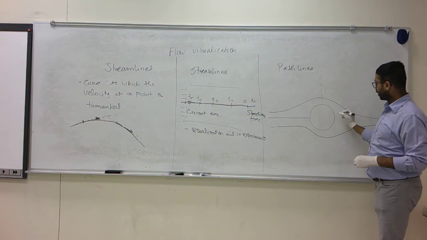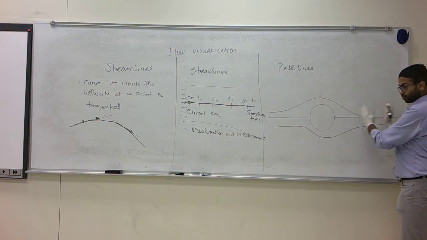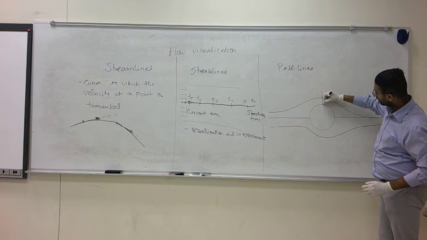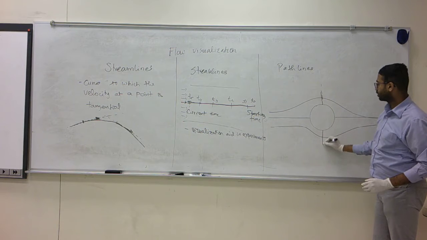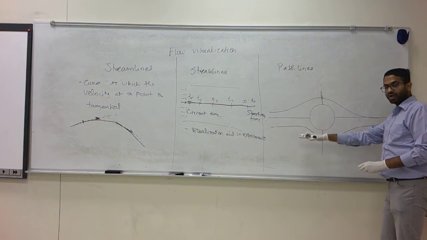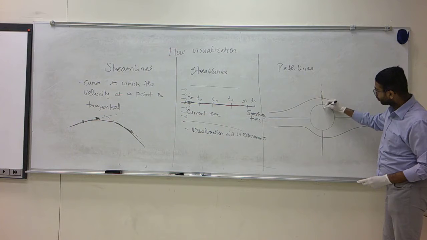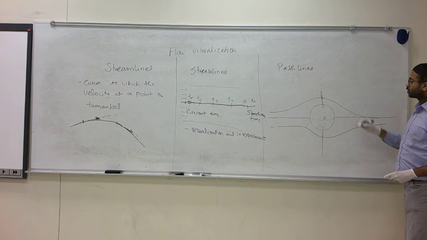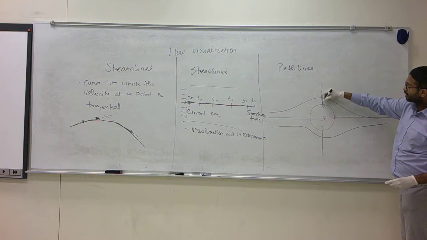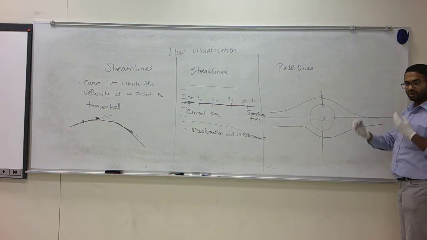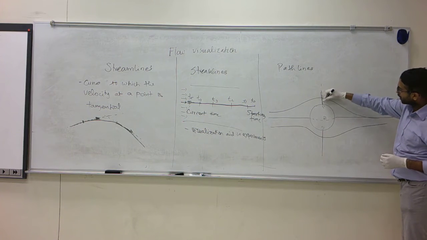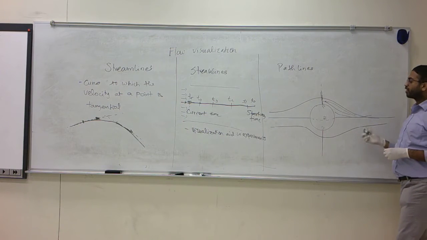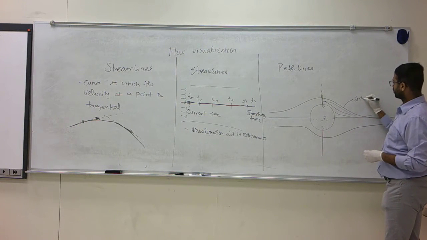On the downstream side, to the right, you can observe all the fluid particles that went past the top, the north pole, and those that went past the bottom, the south pole, and this would be the equator. So you can visualize using a dye or some kind of sparking mechanism all the particles that went through. That is one way of producing streak lines.